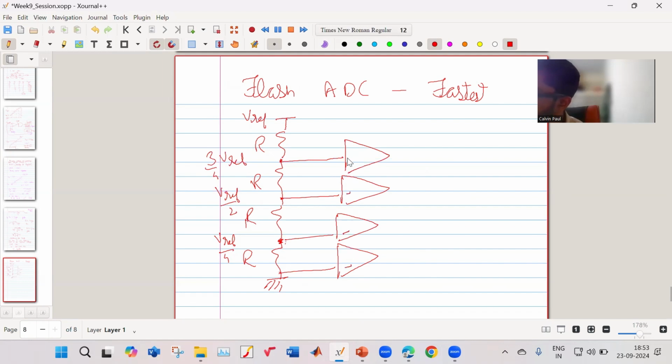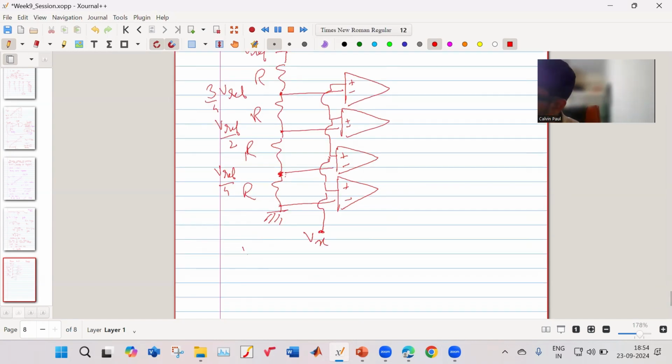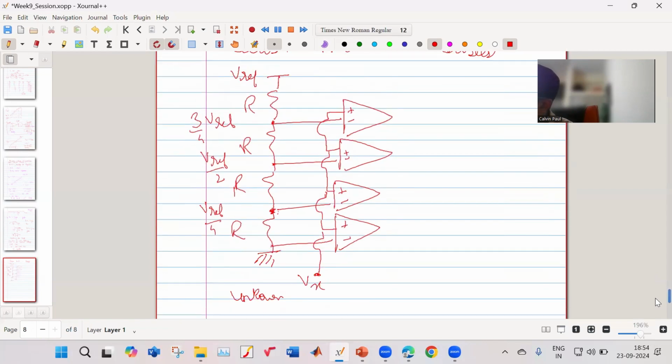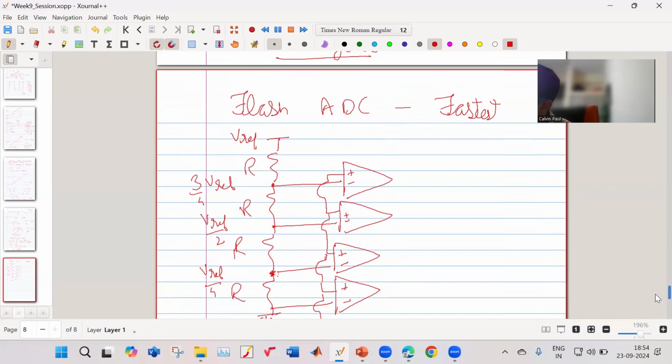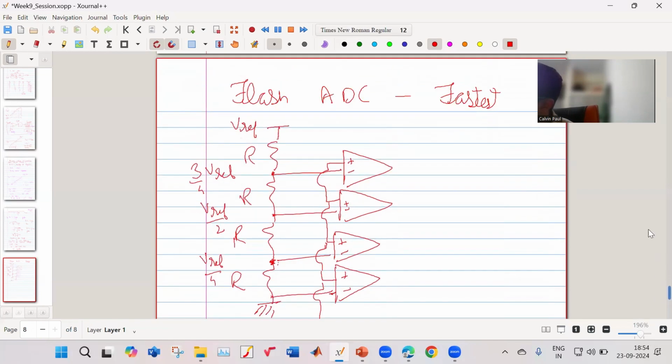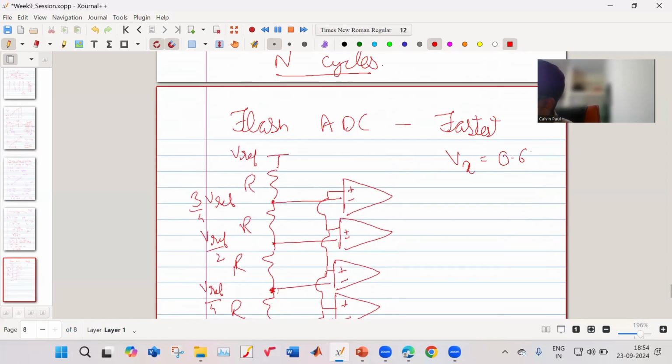There's a minus, minus, minus, and plus, plus, plus, and all these are connected to my Vx, that is the unknown voltage which I want to measure. Suppose my Vx is 0.6 VREF.